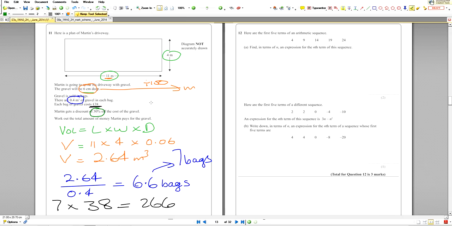So 30% off means that we are going to pay 70% of the £266, and that can be translated as 0.7, because 70% as a decimal multiplier is 0.7, times by 266, and that gives us an answer of 186.2.